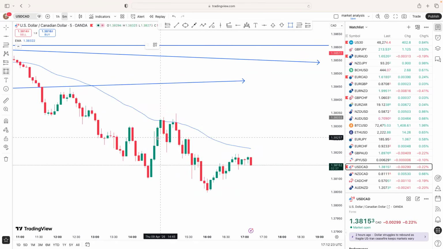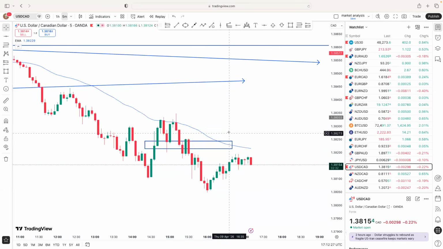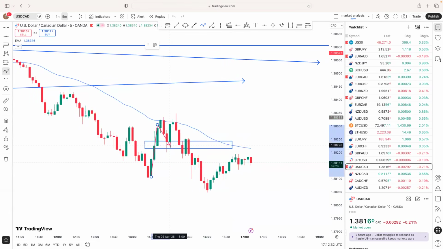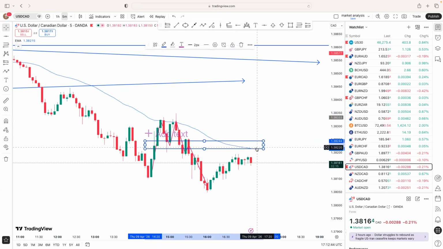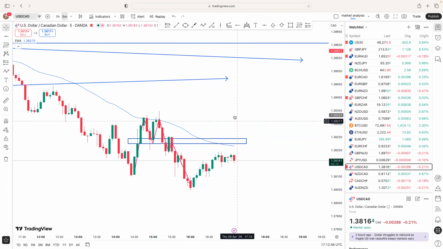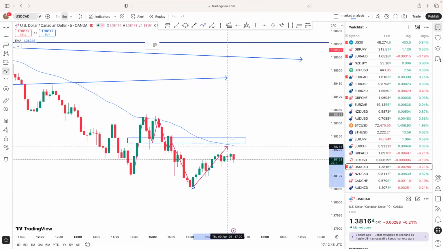So on 5 minutes, this could have been another entry for us, because the market gave us an M pattern, a beautiful one, right? It came back to retrace, then continued to go to the downside. So in terms of 5 minutes, I want them to push a little bit to this point right here, and then they continue to go down.